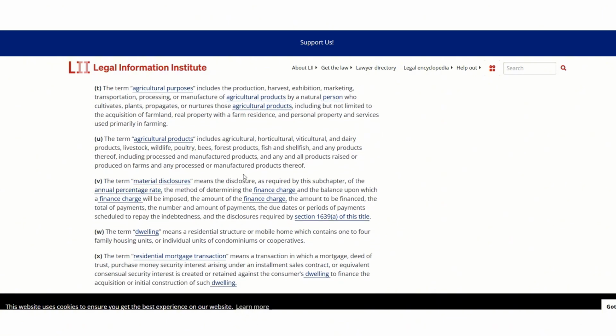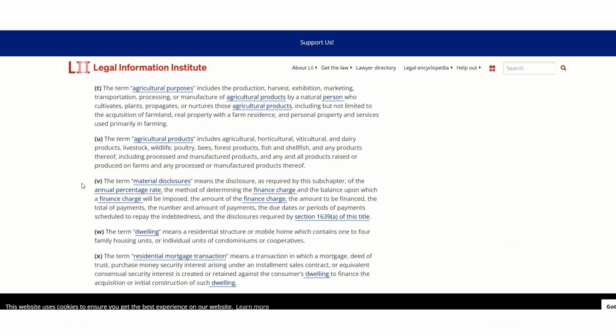Means the disclosure as required by this subchapter of the annual percentage rate, the method of determining the finance charge, right? Finance charge is very important, and the balance upon which a finance charge will be imposed. All right, so material disclosure must disclose the finance charge. I want you to remember that.